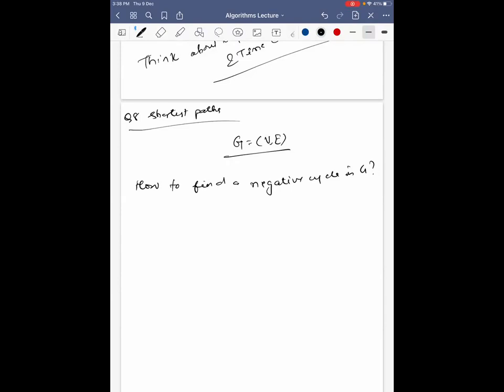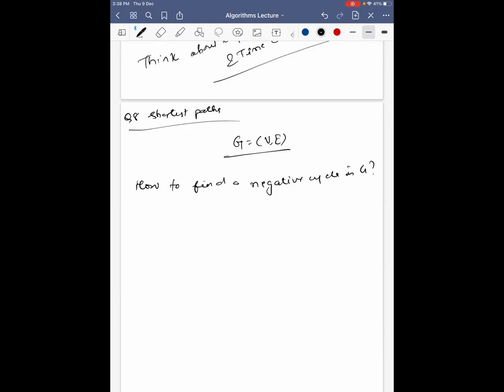Yes, sir. So I guess we can run an algorithm from every vertex. Like if we run Dijkstra, then we will certainly run into some problem if there is a negative cycle.